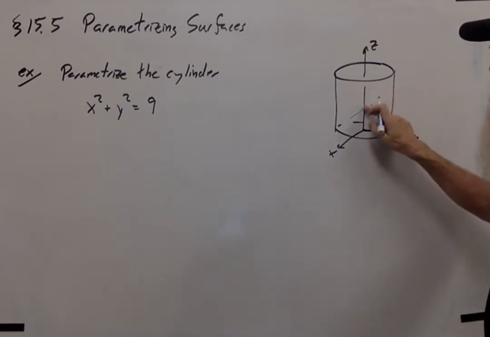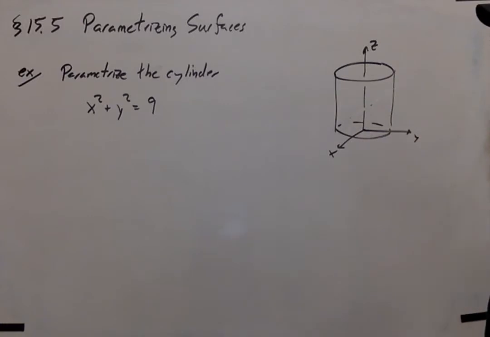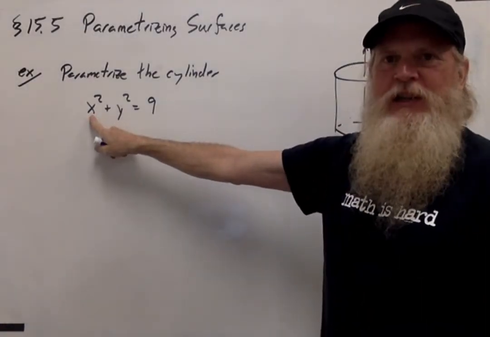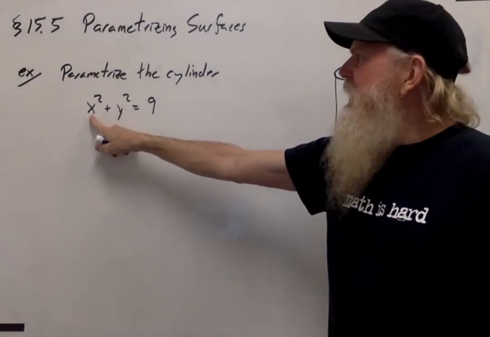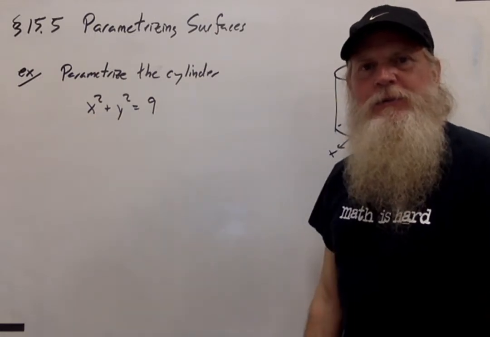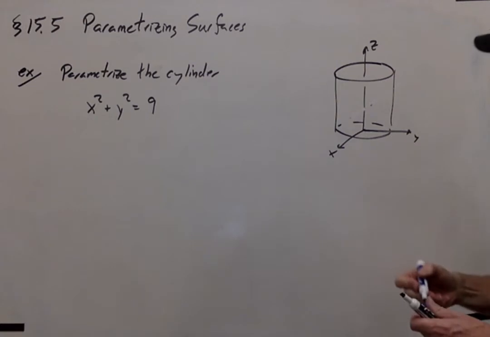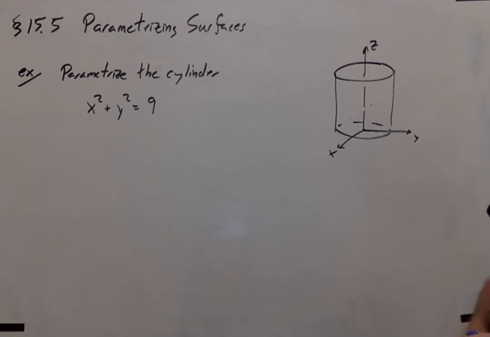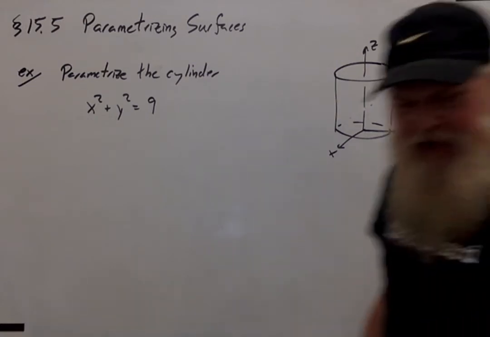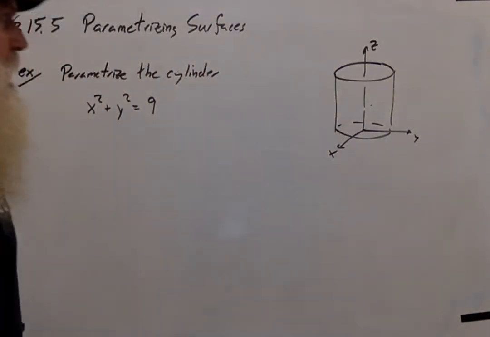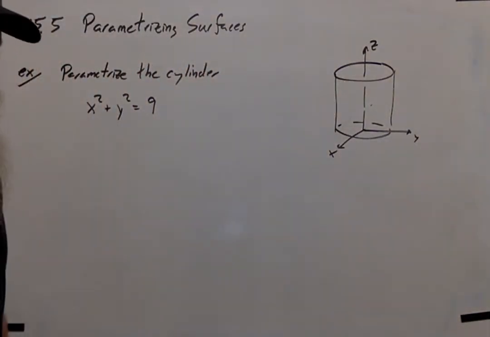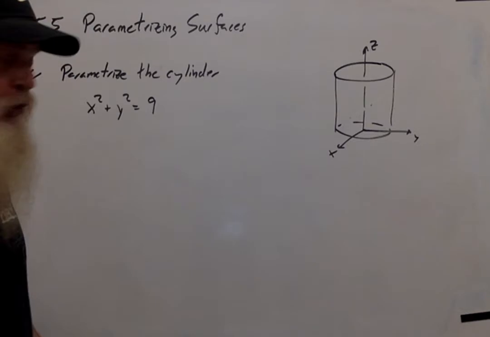So I can't write x as a function of y and z. I can also see that over here. If I tried solving for x in terms of y, I'd be taking a plus or minus square root. And similarly, this is not a function over the xz plane. I can't solve for y in terms of x and z. So unfortunately, if we want to parameterize this, we're going to have to split it into two parts.